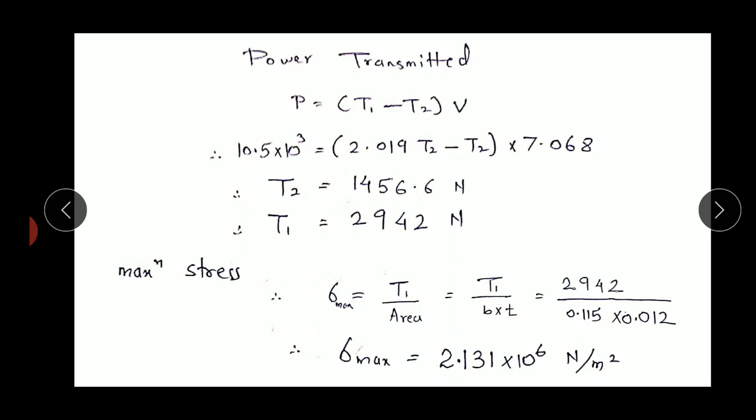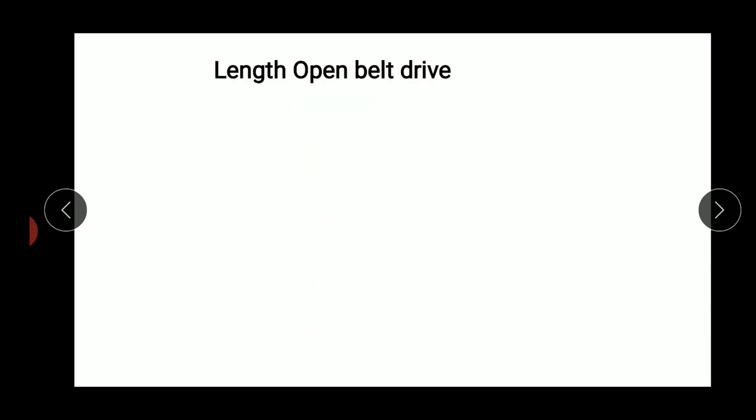Now one last thing remaining is the length of the belt, which is also asked in the question. The length of the open belt drive is given by the formula: pi times (R1 plus R2) plus 2x plus (R1 minus R2) squared divided by x. All the values we had already found.